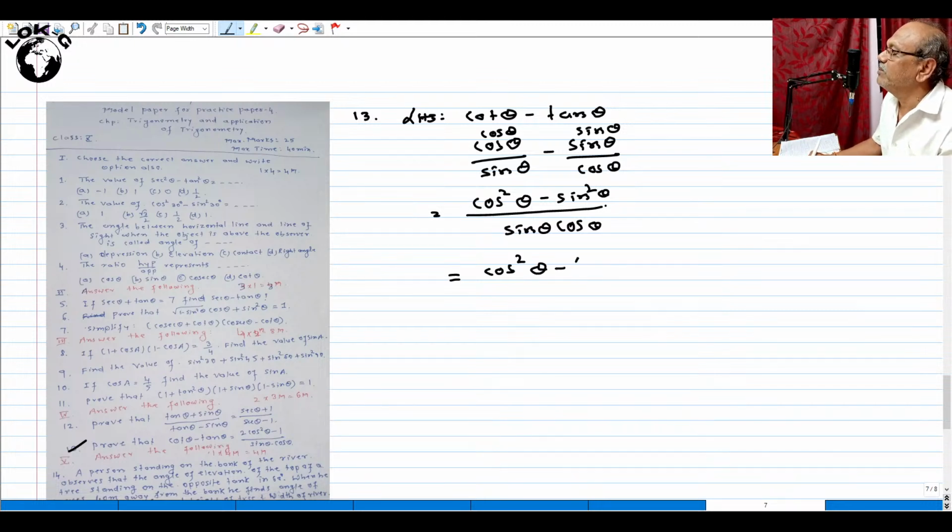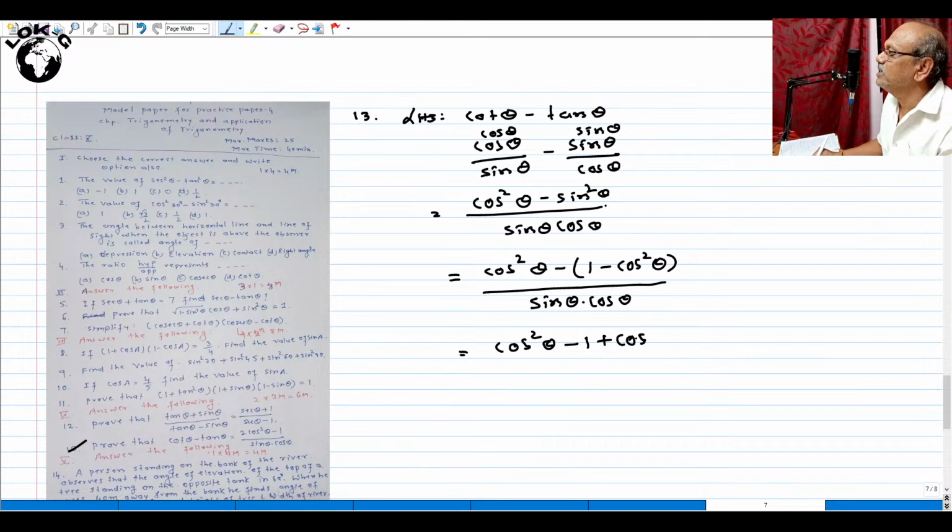Sine square theta can be written as 1 minus cos square theta, whole divided by sine theta into cos theta. Simple question. You can take now cos square theta minus 1, minus of minus becomes what? Plus cos square theta, divided by sine theta into cos theta.